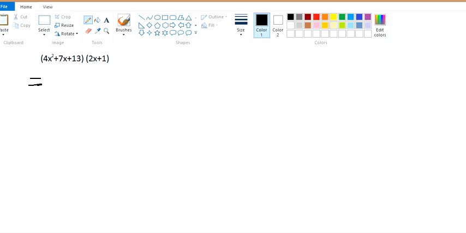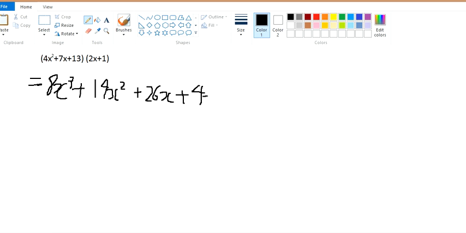So remember our concepts again: multiply every single element within one parenthesis by every single element within the other. 4x squared times 2x, 8x cubed, 7x times 2x, 14x squared. Things are just so much easier with smaller numbers. I love small numbers. So we have plus 26x, and now we multiply 1 by all of that, so I can just copy everything down.